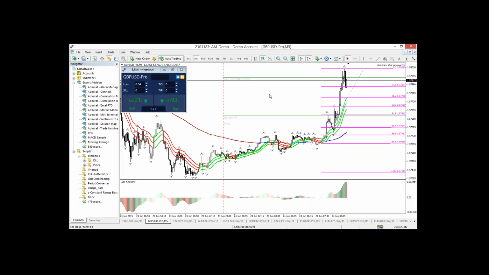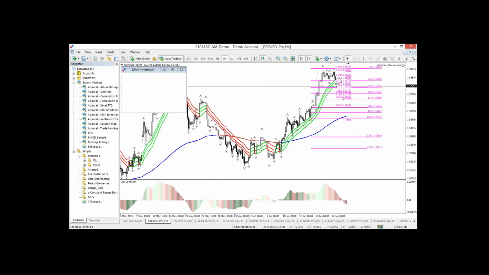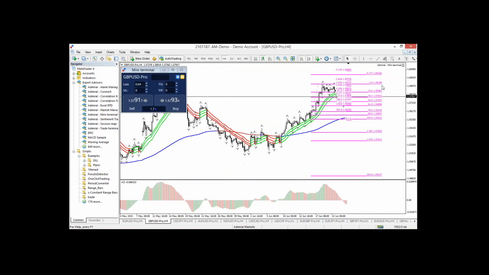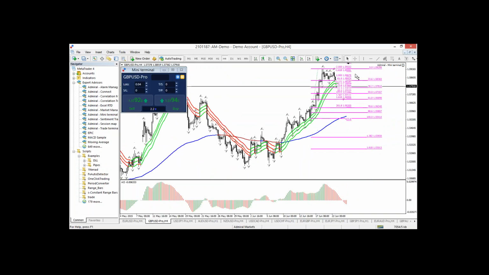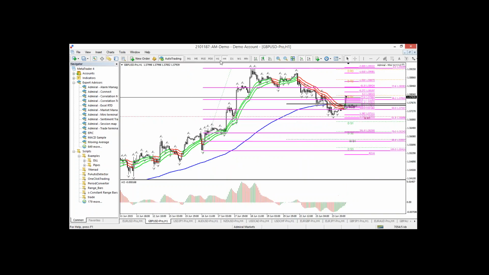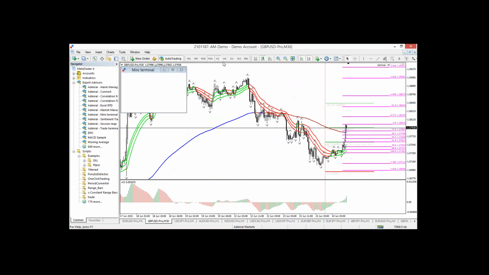Alrighty. The target, when looking at the wave 5 target, it's 160.35. But that could not happen today because we're talking about a few hundred pips. So that might take a couple of days.